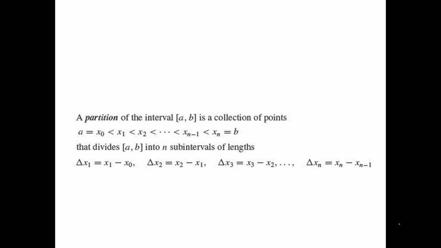Delta x sub 1, the width of the first interval, is x1 minus x naught. Delta x sub 2 is x2 minus x1. It's always the right minus the left. Delta x sub 3 is x3 minus x2, and so on all the way until the nth interval, which is of length x sub n minus x sub n minus 1.